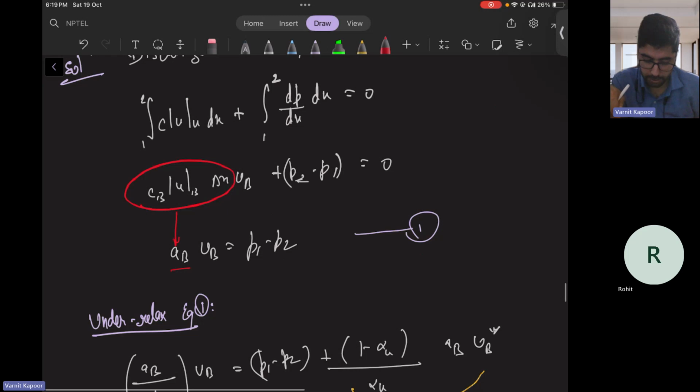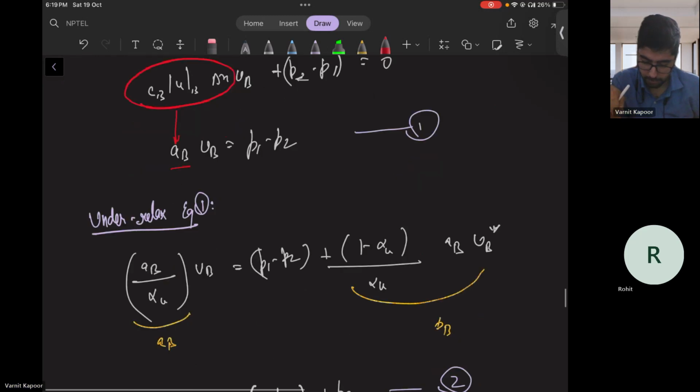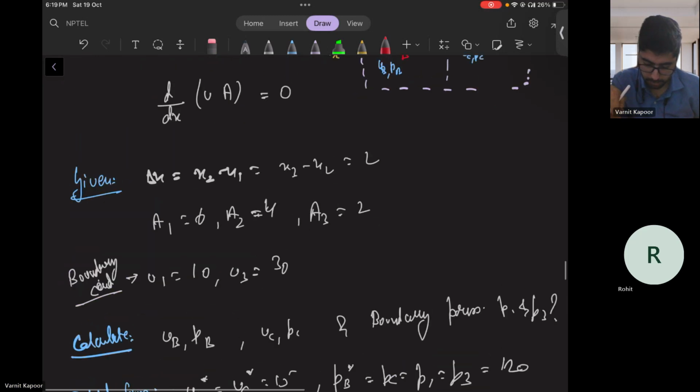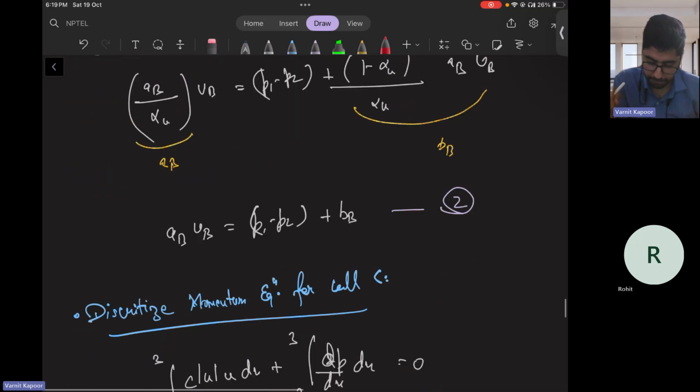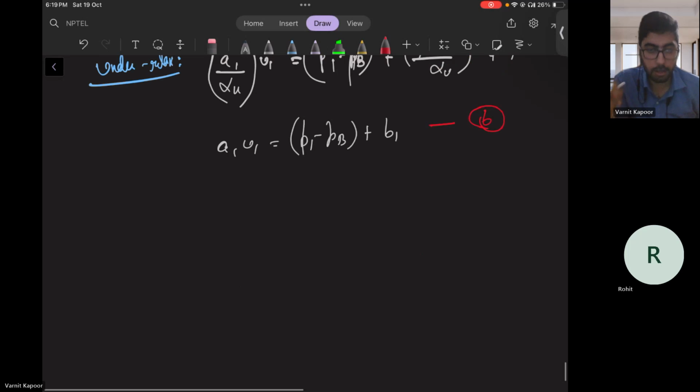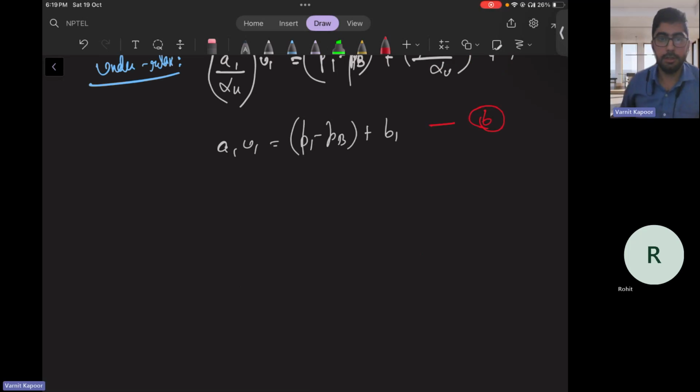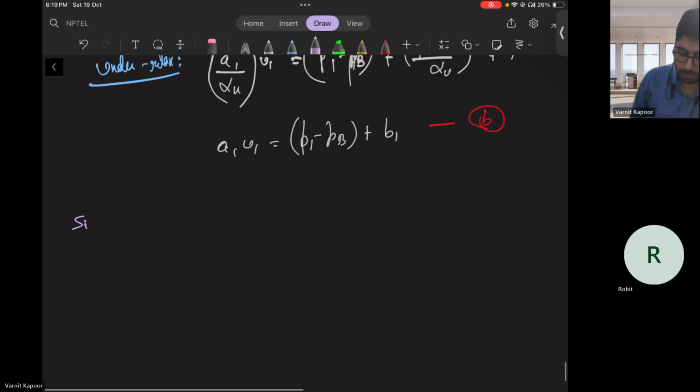In the question, you see the boundary pressures P1 and P3 are required to be calculated. Anyways, now similarly discretize the half cell centered at 3.